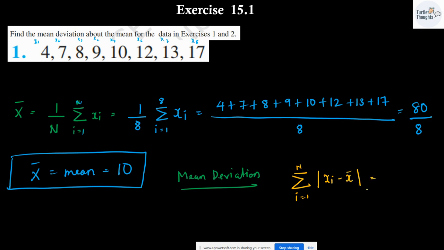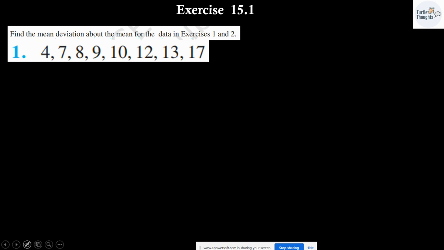What is going to be the value of this? In order to find this, let me write it down over here. I have to find the modulus of xi minus x bar.